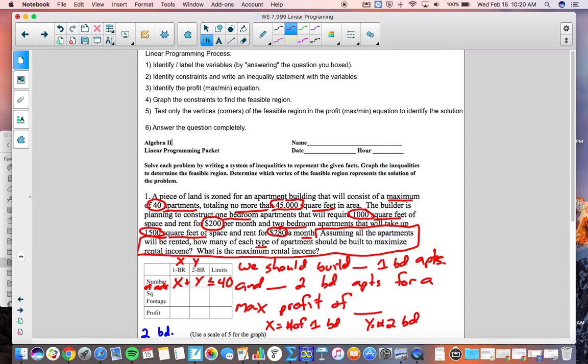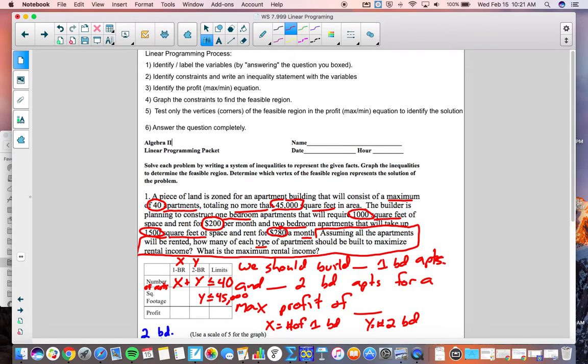Then when we max out the 2-bedroom apartments, I know that there's a requirement on square footage. It can't go over 45,000 square feet. That's another limitation that we have. 1-bedroom apartments will require 1,000 square feet. 2-bedroom apartments will take up 1,500 square feet.